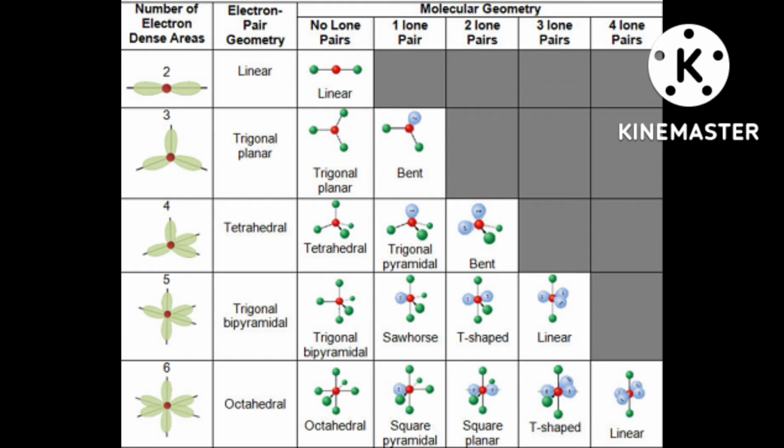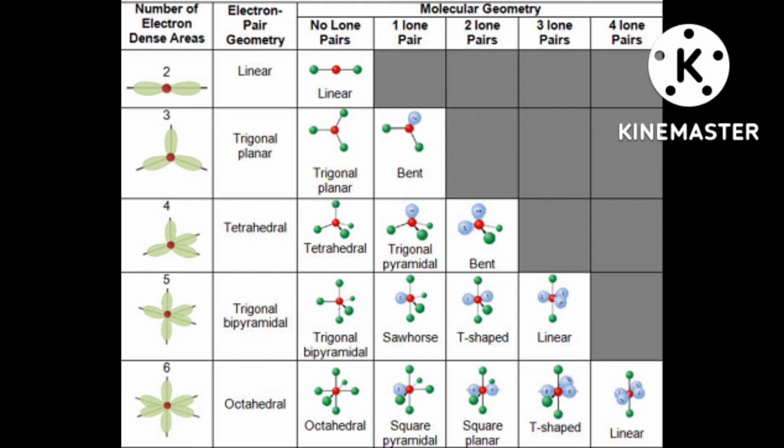In those molecules, if there is no lone pair, which is category 1 that I told you, their shape will be the ordinary, ideal shape.